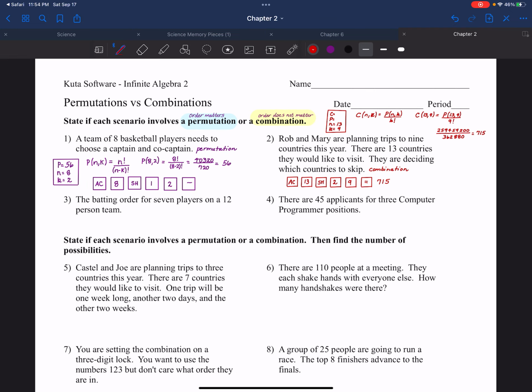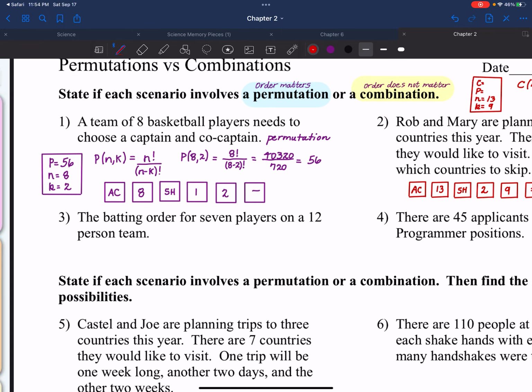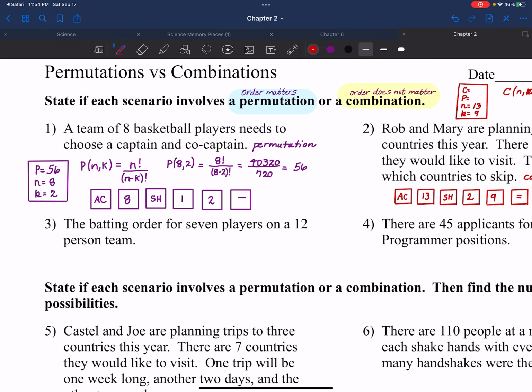All right, number 3. The batting order for 7 players on a 12-person team. Does the order matter? Yes. And so this is a permutation. I'm going to put the longhand right here.